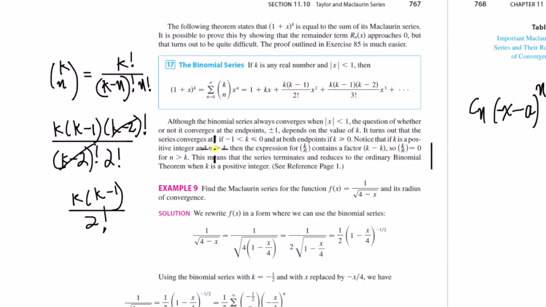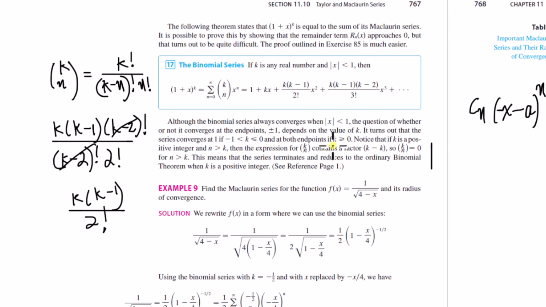So if x is equal to +1, then you can only use k values between 0 and -1, including 0. Any other k value is not going to converge if x is equal to 1. If k is greater than or equal to 0, okay, this is a little confusing here, so let me make sure I'm explaining this right.